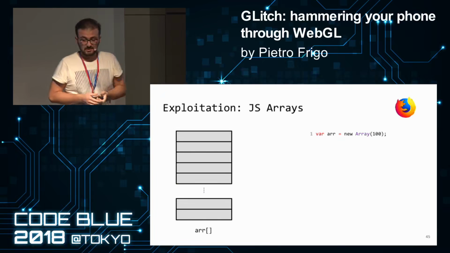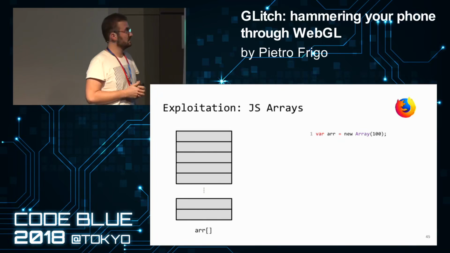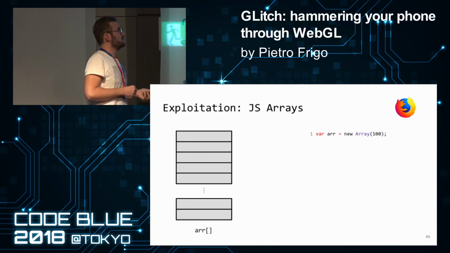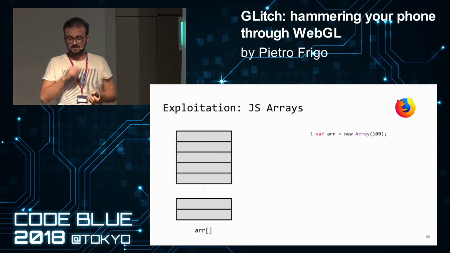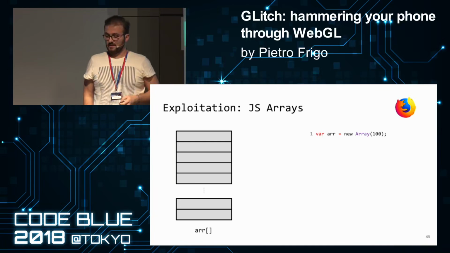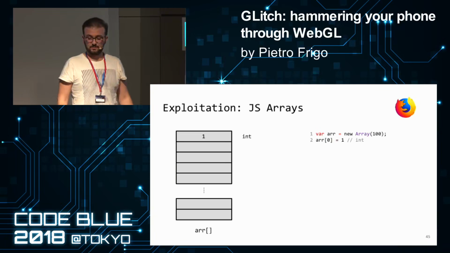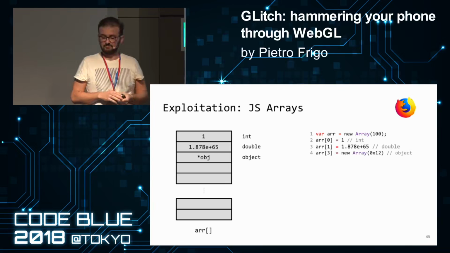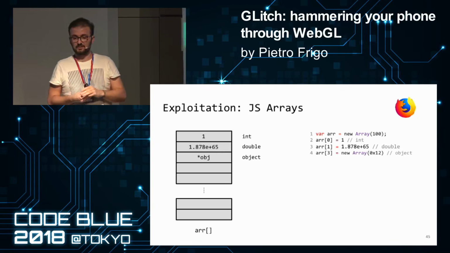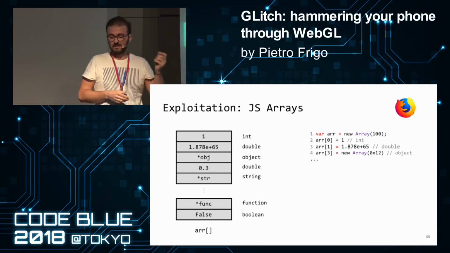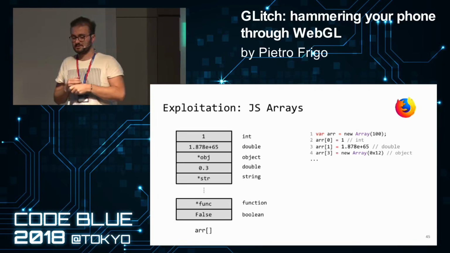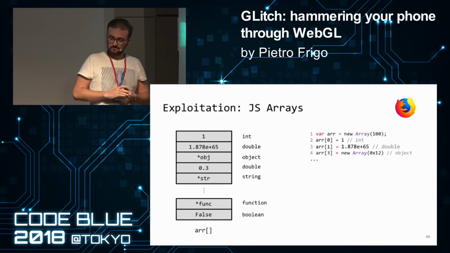And the question is, what's the target of our exploitation? The target is JavaScript arrays. Let's say you want to allocate an array of 100 elements, and then you can, for instance, put an integer in there, and then a double, an object, so you can just create another array and place it in the same array, and a lot of other things, so other doubles, strings, functions, Booleans, whatever you want.